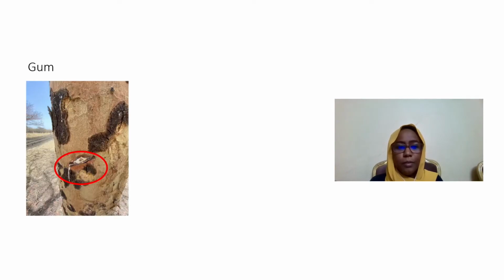So how are gum and frankincense produced from the tree? Usually the gum is produced by making a tap or wound in the tree stem, and the plant produces the chemical as a physiological response to this wound. These chemical materials become liquid, and after 2 weeks it becomes solid, and then it's called gum.